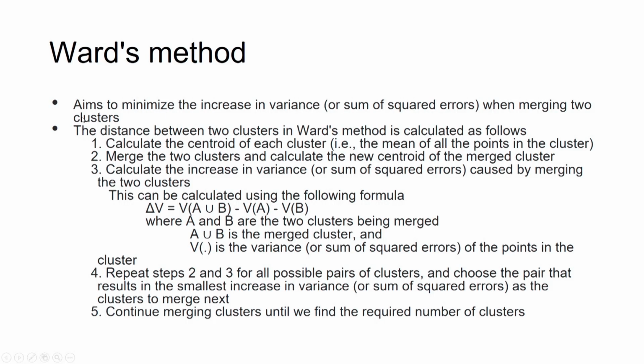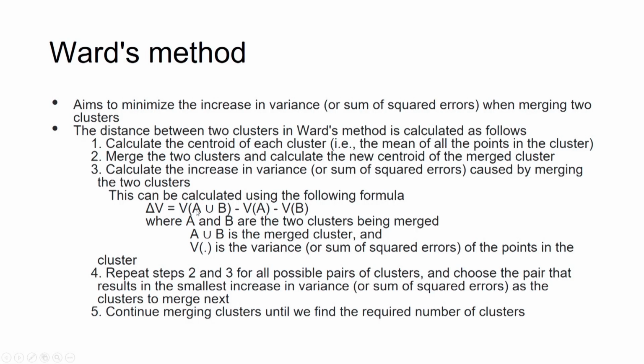In this case it aims to minimize the increase in variance. That increase in variance is defined as the sum of squared errors when merging two clusters. So, if there are two clusters, cluster A and cluster B, what was the variance of cluster A? What was the variance of cluster B?